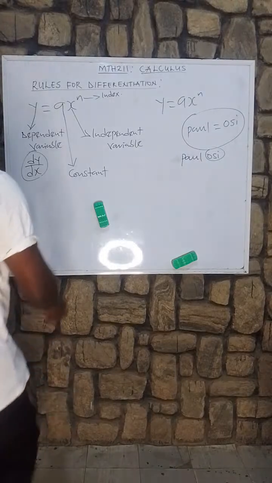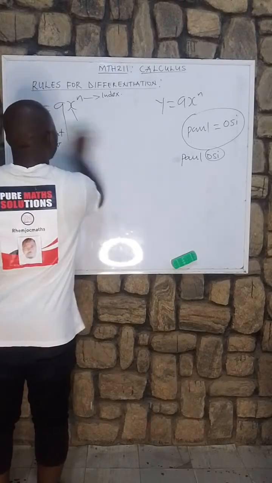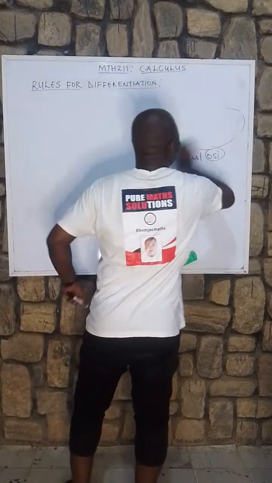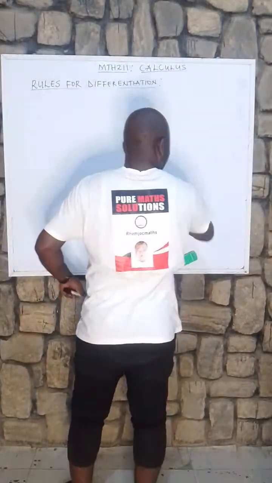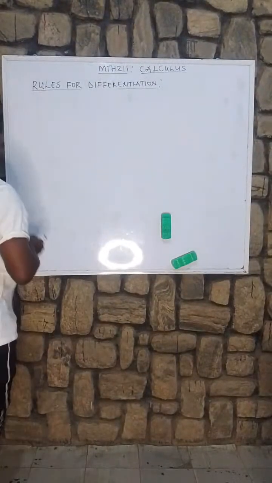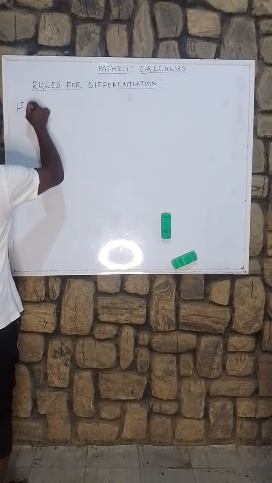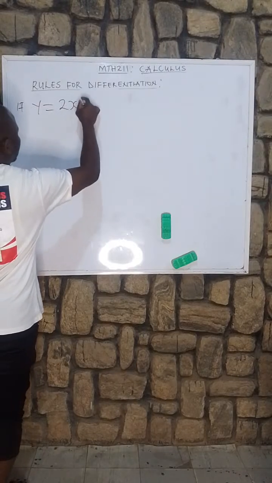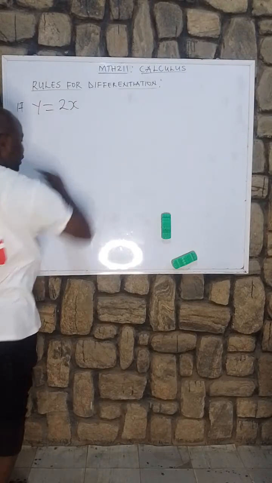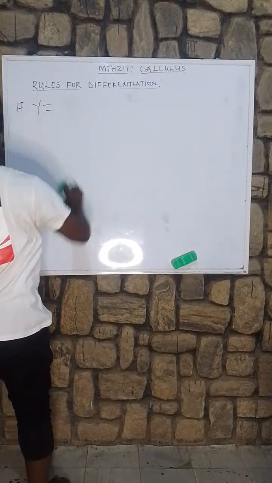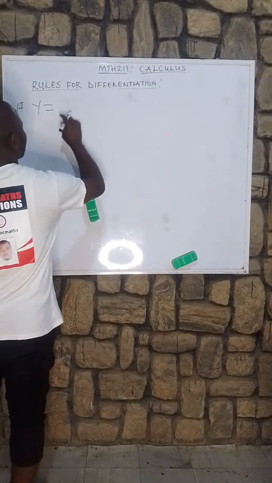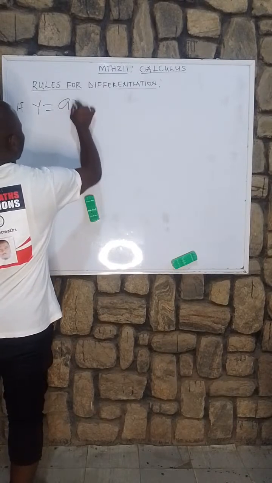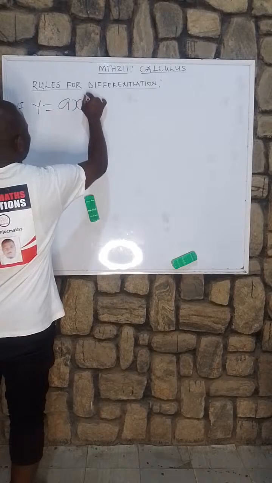So, let's proceed to differentiate, before we consider the rules of differentiation. At first, let us define differentiation mathematically. ax raised to the power of n.